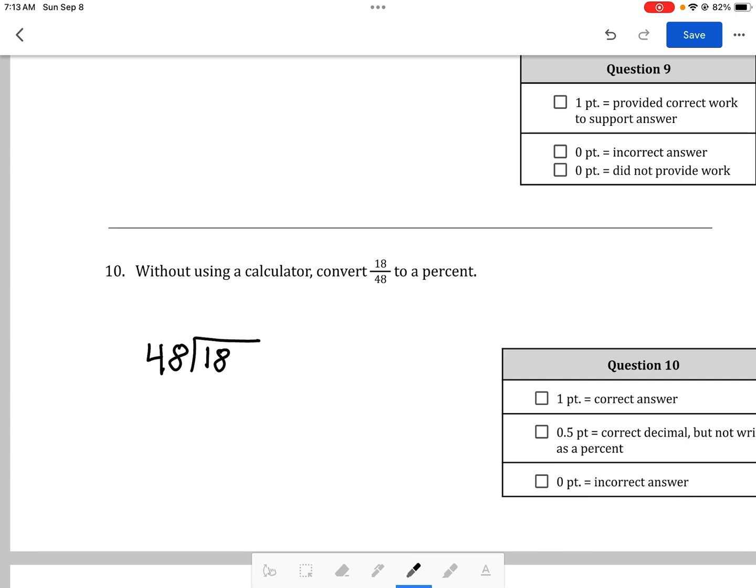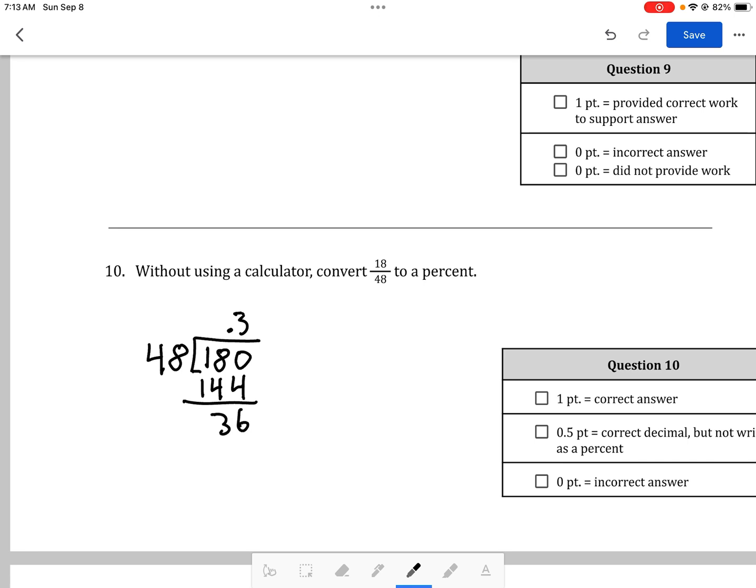Well, that's impossible, so I need to add a 0 and a decimal. 48 into 180. 48 goes into 180 3 times. 48 times 3 is 144. I'm going to subtract them. 180 minus 144 is 36.